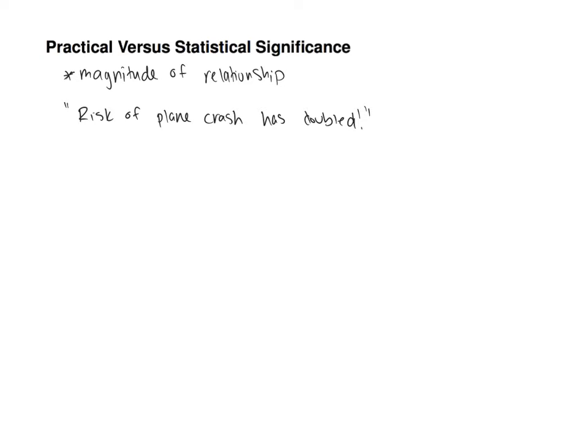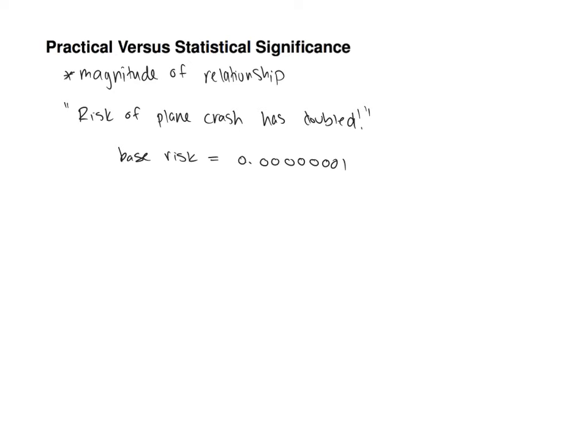So anyhow, the point with the magnitude of the relationship, and this was actually in your book in chapter 1, there's all these interesting little things that preview what's going to happen. There was this example: the risk of the people in the towers making an error had doubled. But the base risk, the risk before, was something like 0.000000001.